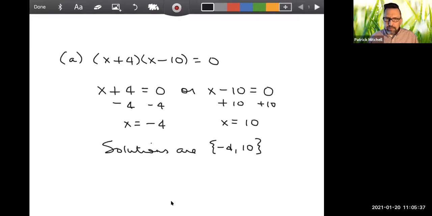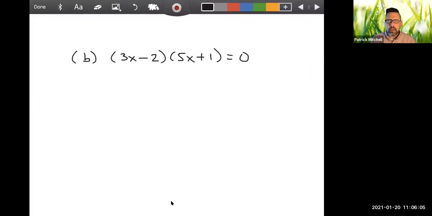So just like I said for factoring, please, please, please try to get into the habit of checking all of your solve the equation problems. I tend to be more generous on partial credit if I see a check, even if you get the wrong answer, than if I don't see a check. So I'm going to wait until we get to one of the slightly more difficult ones before I do a check. I think maybe on letter C, I'll do the check.